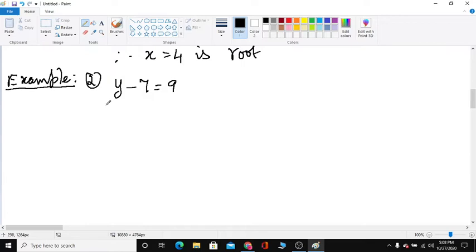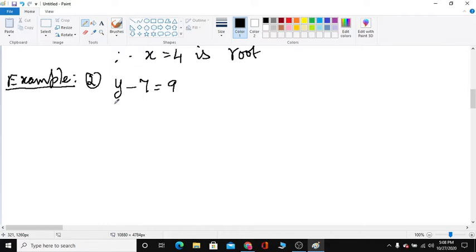Now we are solving the equation without transposing the term, children. So now we are going to remove minus 7 in the left hand side. To remove minus 7, add plus 7 on both sides of the equation.